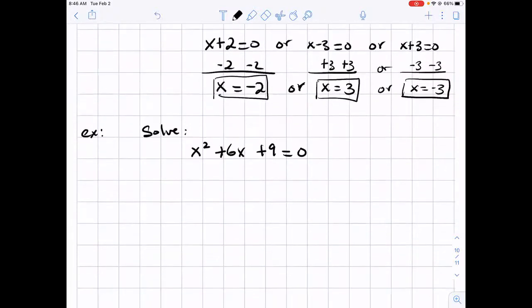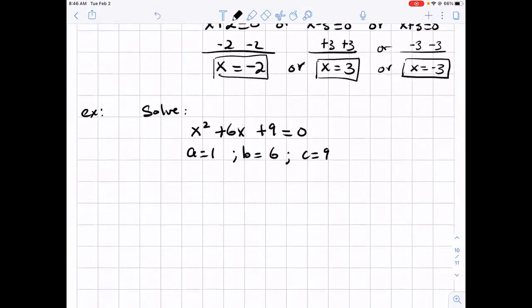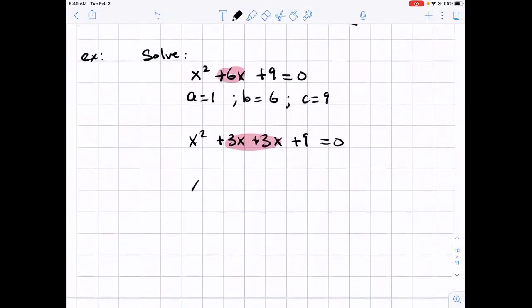So by factoring, a here is 1, b is equal to 6, c is equal to 9. If you replace the positive 6, you will have x squared plus 3x plus 3x plus 9. 3x plus 3x is 6x. Don't forget it's equal to 0. And if you factor, you will have x plus 3 times x plus 3 equals 0.